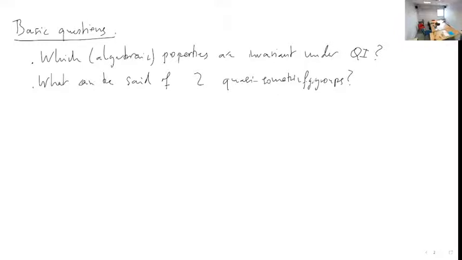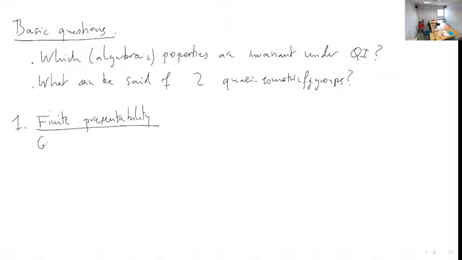So the first quasi-isometric property is the notion of finite presentability. Let me fix some notation.